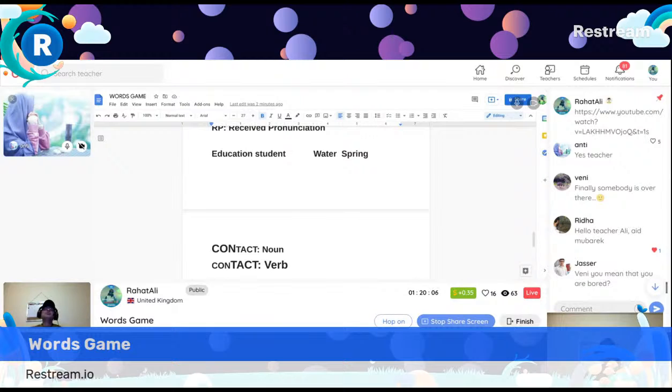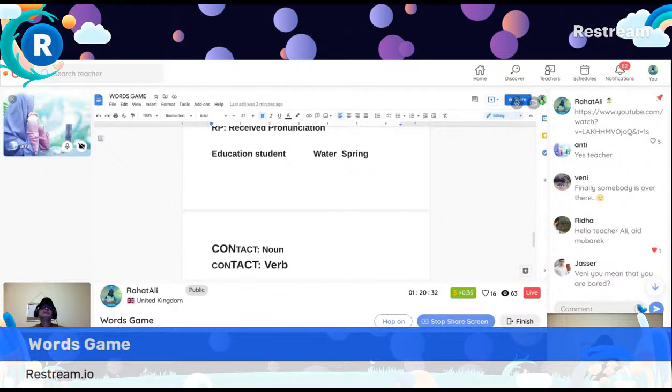The more sentences you make, the better for you. Also, as I explained this morning, there are hundreds of words that we use as a noun and also as a verb, depending on the stress or intonation.